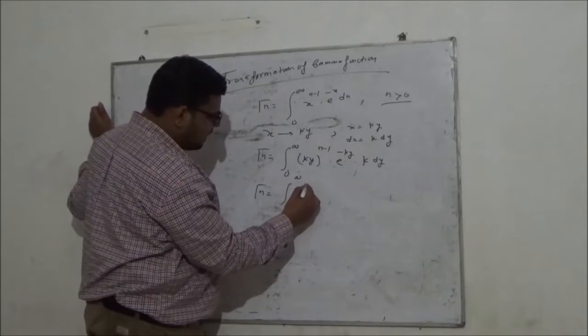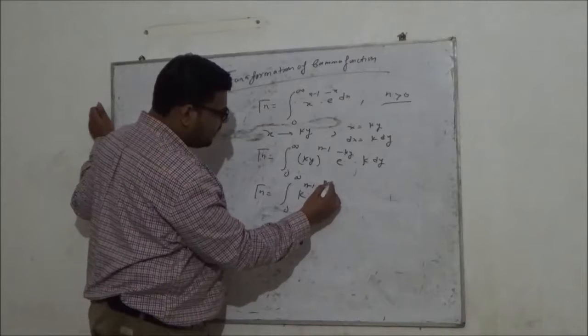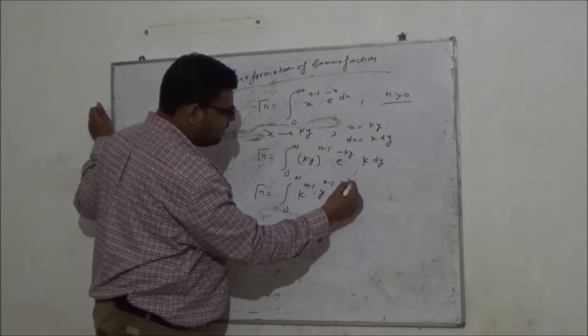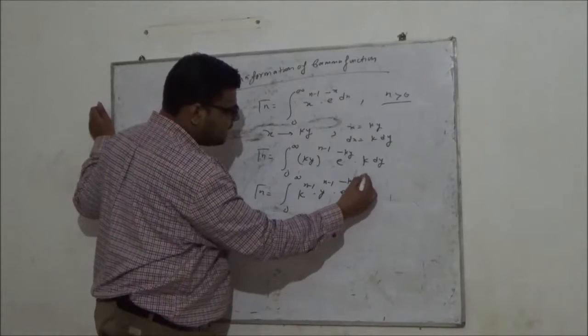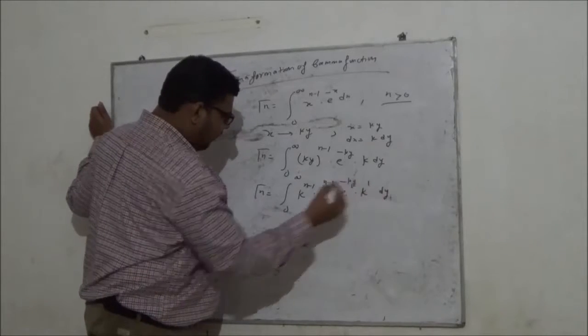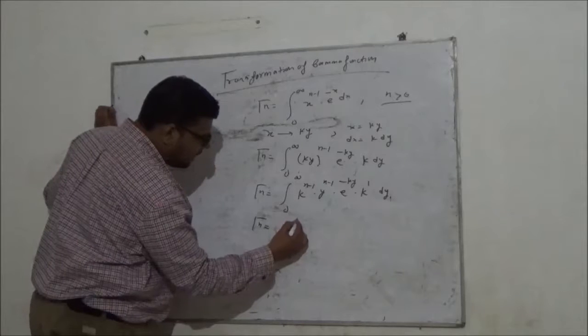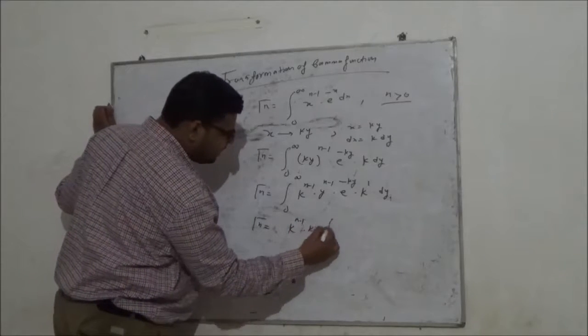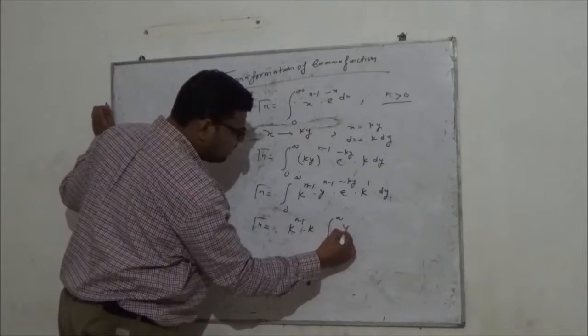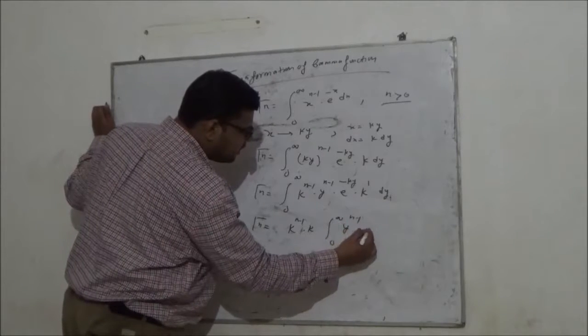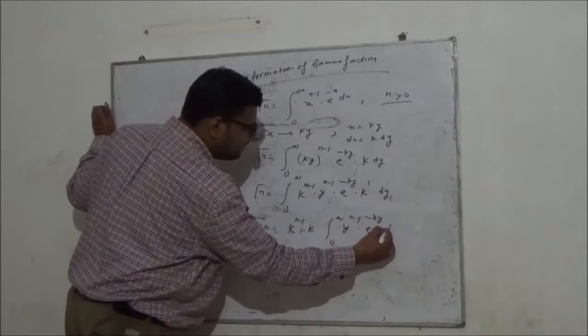So k power n minus 1 dot y power n minus 1 dot e power minus ky dot k power 1 dy. So I can write here gamma n is equal to k power n minus 1 dot k integration from 0 to infinity y power n minus 1 dot e power minus ky dy.